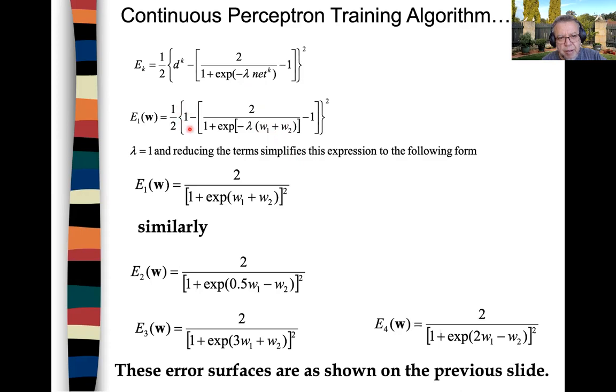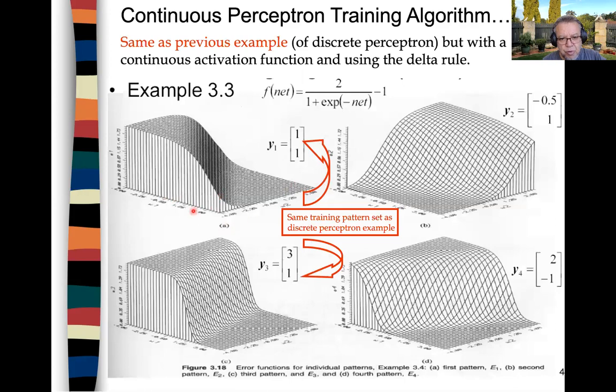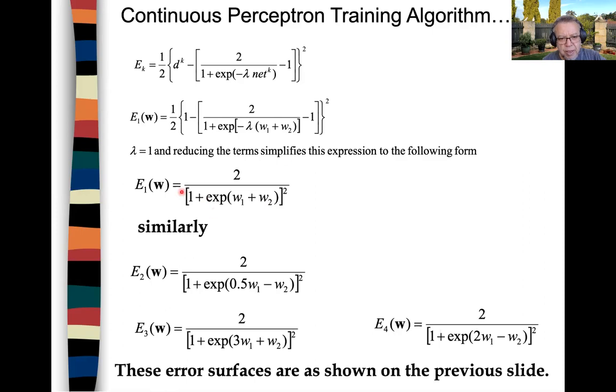We know that pattern 1 belongs to class 1, so D1 is 1. We set lambda equal to 1. When we simplify our expression, we find E1 of W equal to this function. If you draw it in the W1, W2 space, it looks like this, and you can see that this error is just a function of the weight parameters W1 and W2.